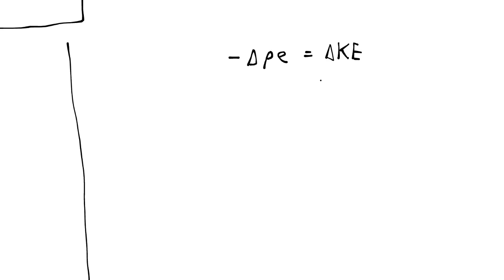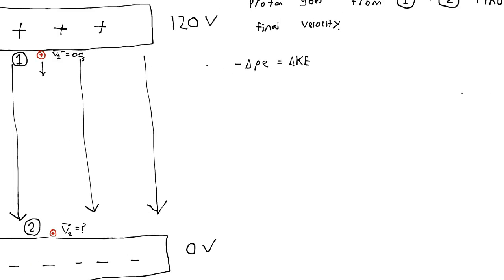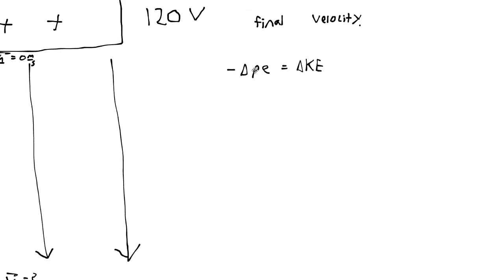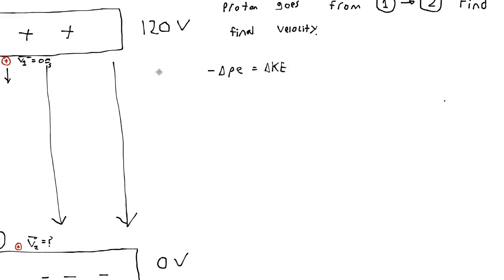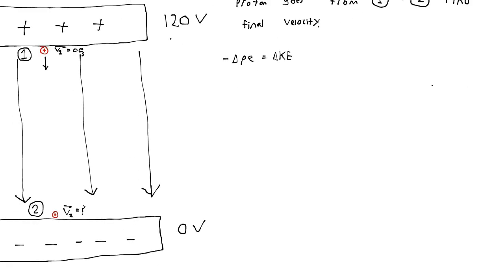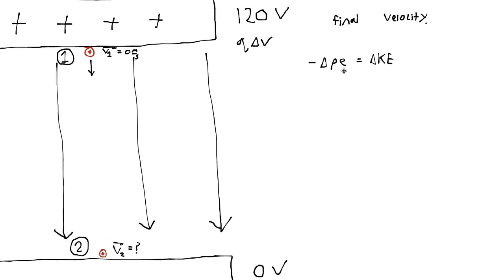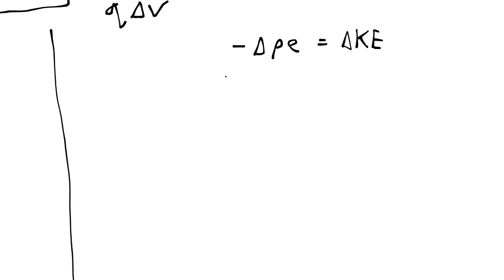So the equation for delta PE we're going to use here is charge multiplied by volts. So like Q and then difference of potential difference there. So yeah, let's fill that in. So negative Q and then this difference of volts here.